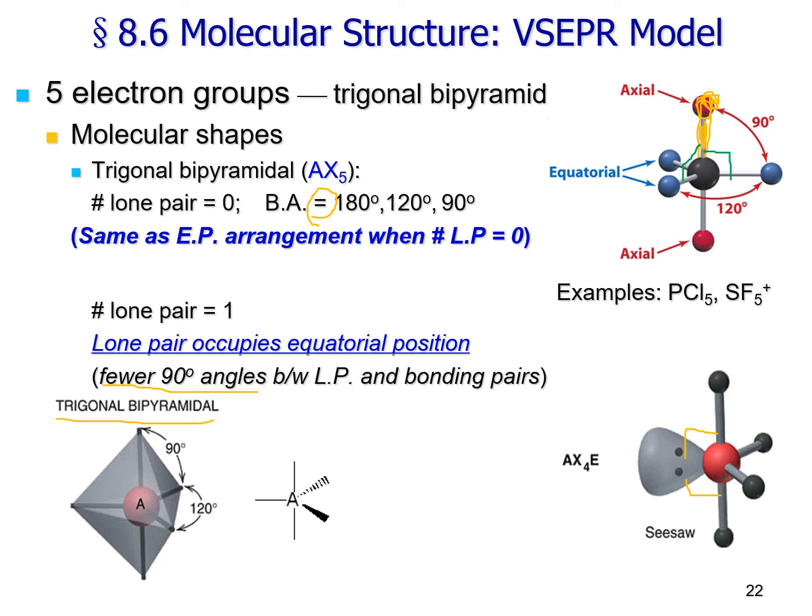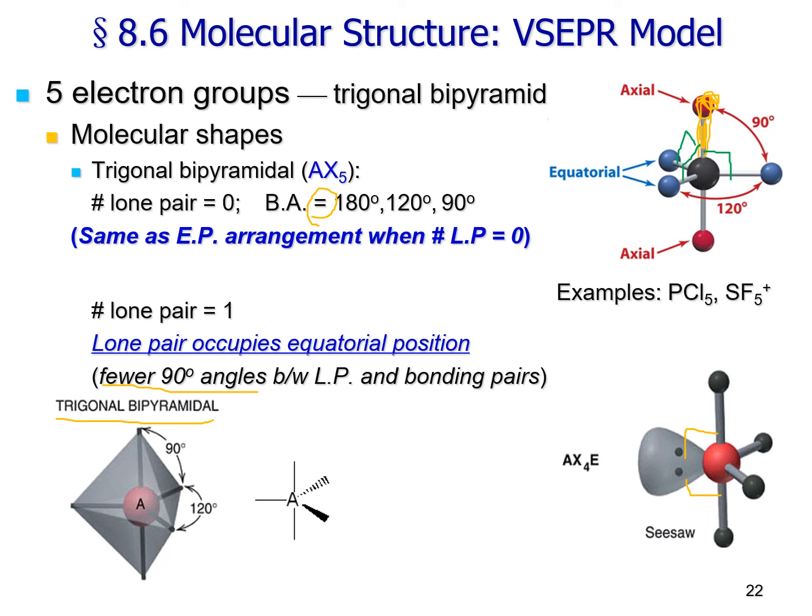And of course, that's going to be the third 90 degrees from this axial to that end. So if we put a lone pair of electrons on the axial position, we have a total of 3 90-degree angles, meaning more repulsion.